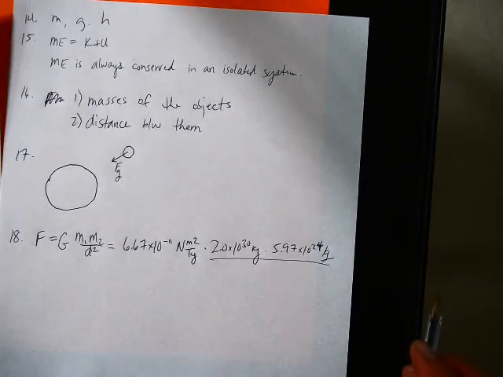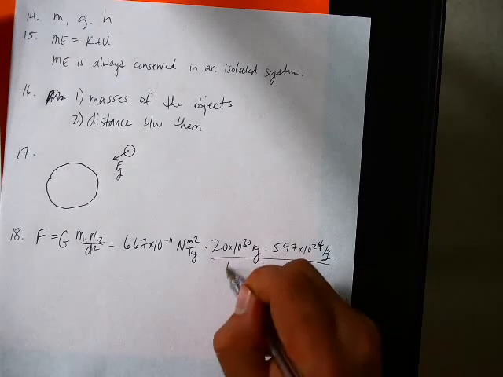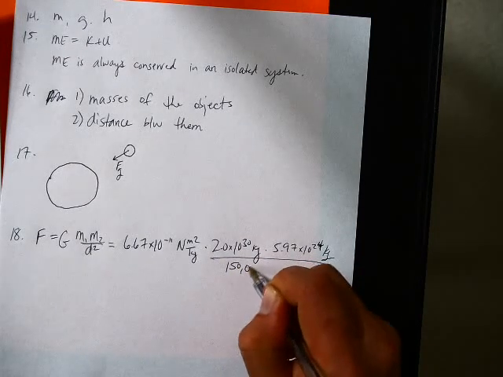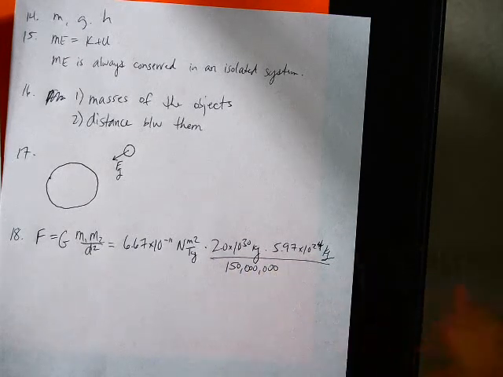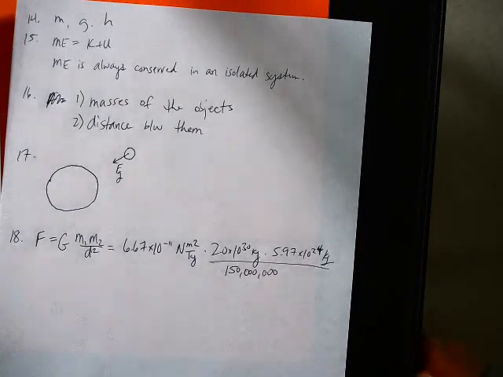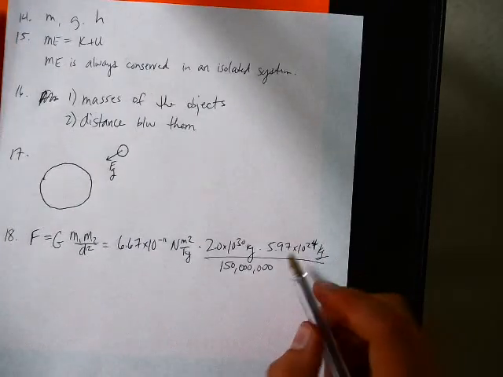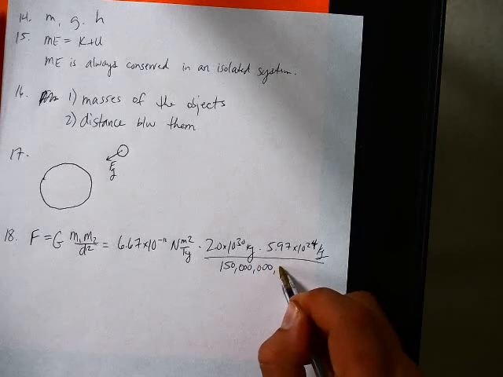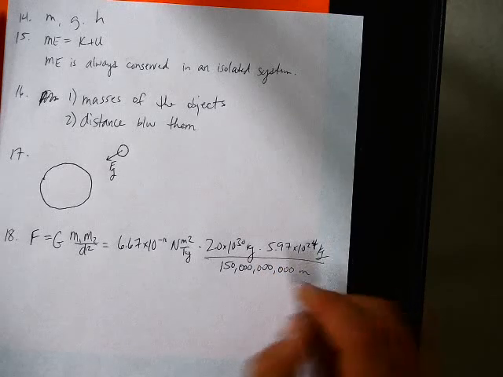So the distance is about 150 million kilometers. So remember, we have to convert that to meters. So 1 kilometer is 1,000 meters. So there's an extra 1,000 meters in this.